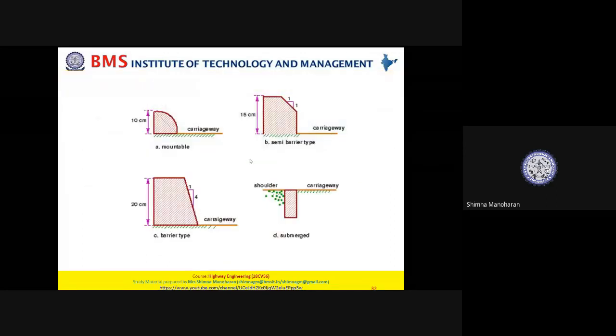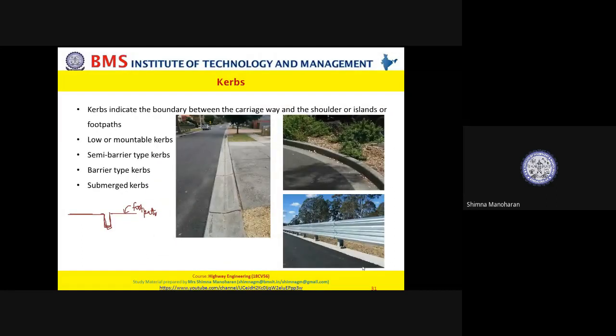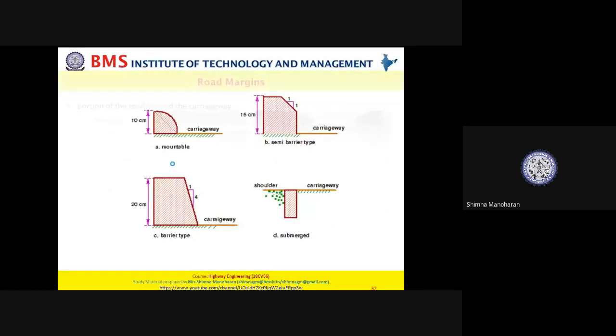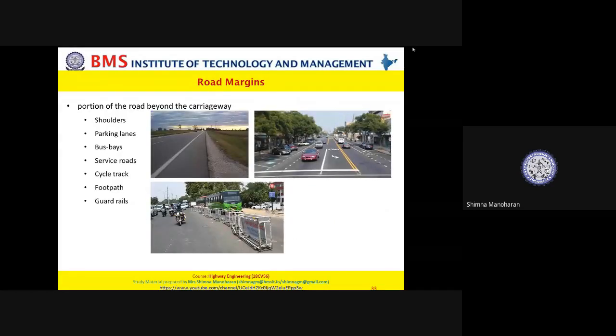I think I'll be having a photograph for this kind of a road. So the road is constructed on an embankment, and there's a chance that the vehicle will be running off from the embankment. So in that case, a guardrail will be provided. These road margin structures you have seen on one occasion or another.